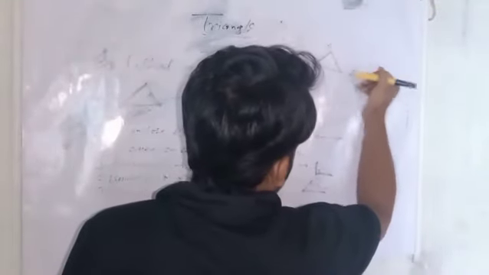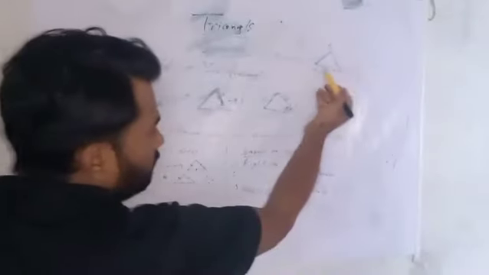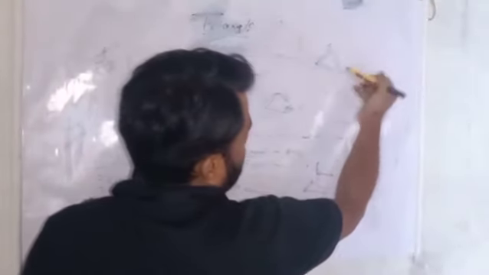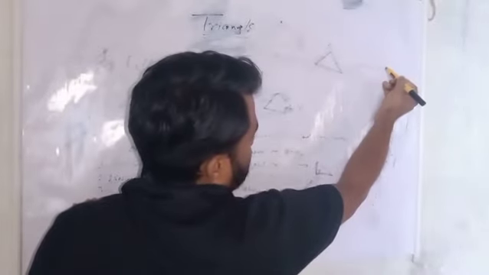The distance of AB, the distance of BC, and the distance of CA, all added, is the perimeter of the triangle.